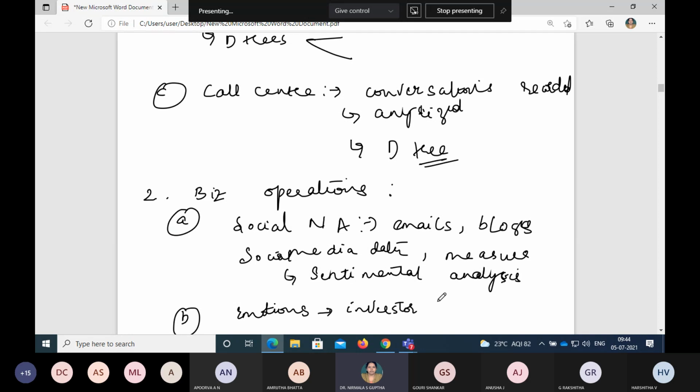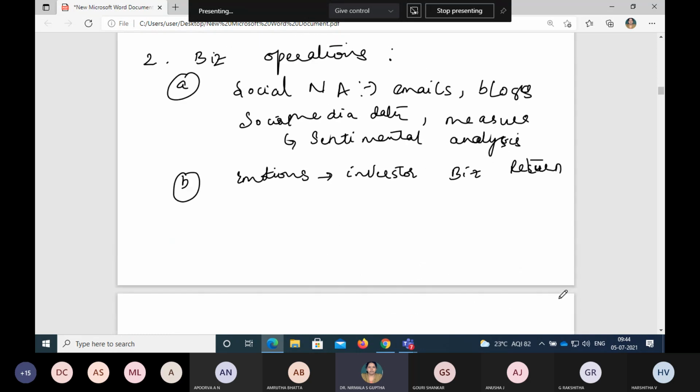What information we got can be checked, like how best the business could get returns. Return on investment is most important. So this kind of analysis can be done in the second application, called business operations.